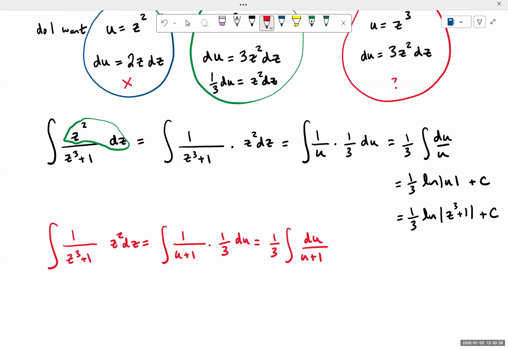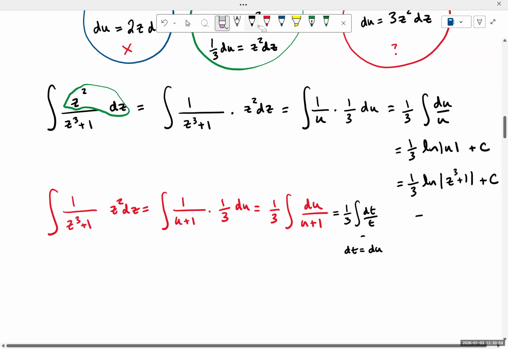Technically, you could make another substitution. Let t equal u plus 1, dt then is du, then this becomes 1/3 dt over t, which becomes 1/3 natural log of t. I'm sorry, this has become a real mess. But then you could keep going, and you would get the same answer, I guess is what I'm trying to say here. Let me write that a little bit clearer.